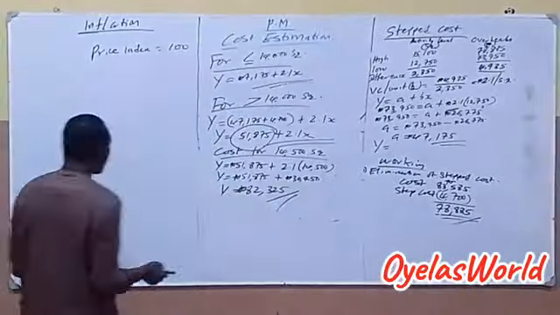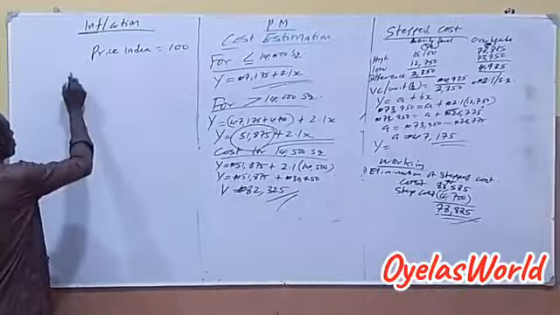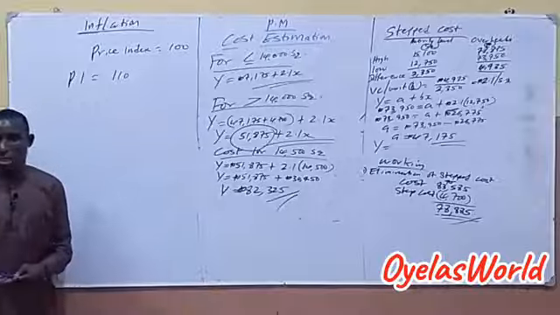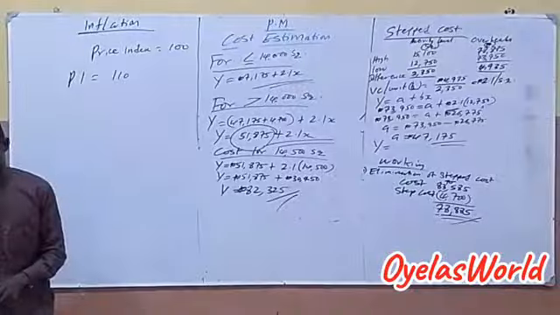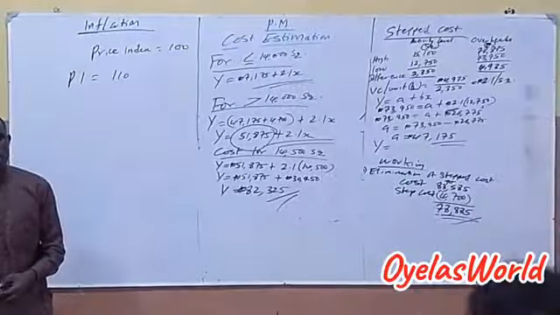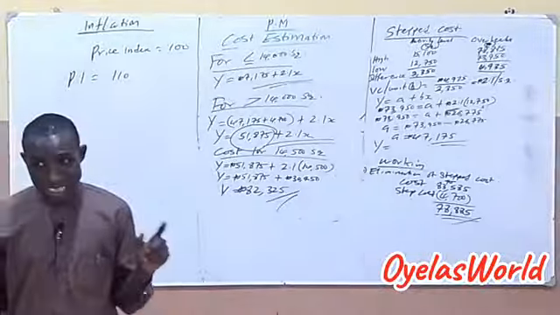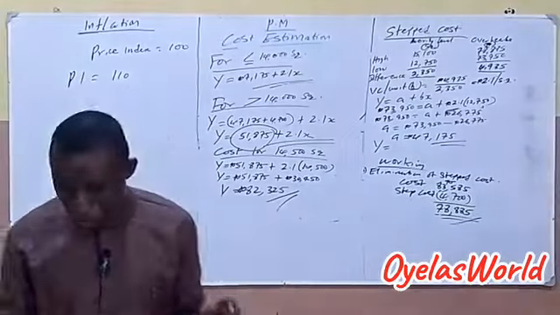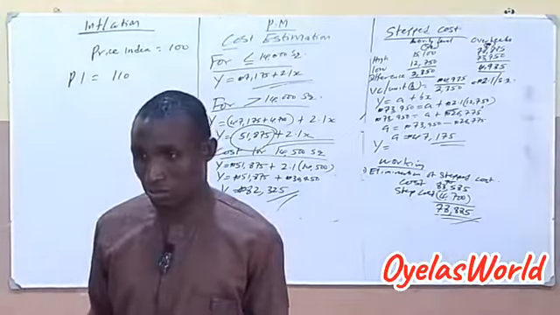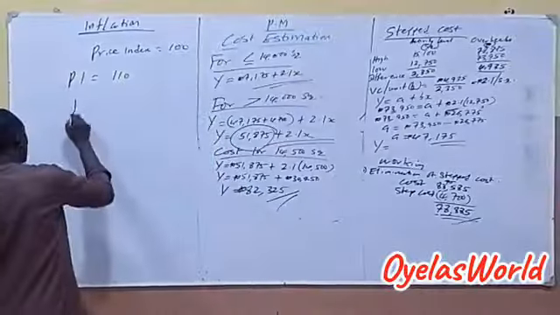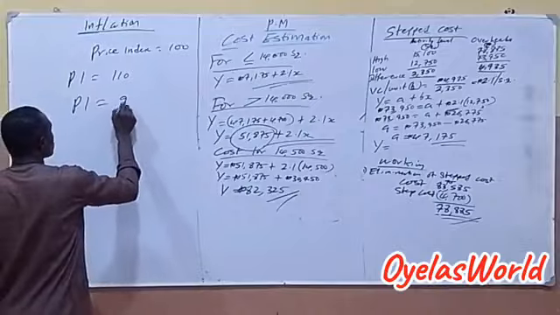You have a price index of 110. Inflation or deflation? Inflation, by what rate? 10%. By 10%, please take note. So, let's say you have a PI of 98%.